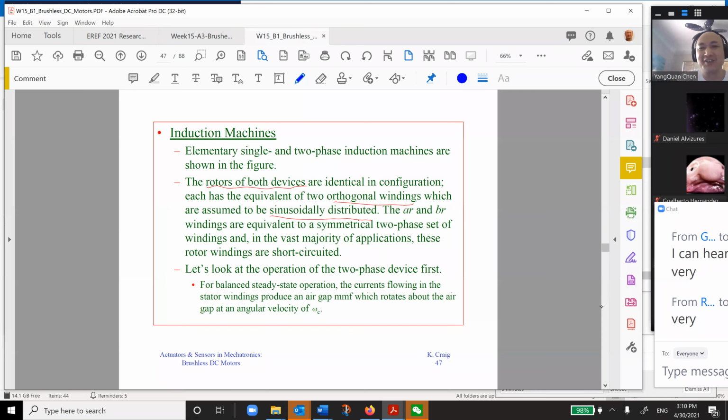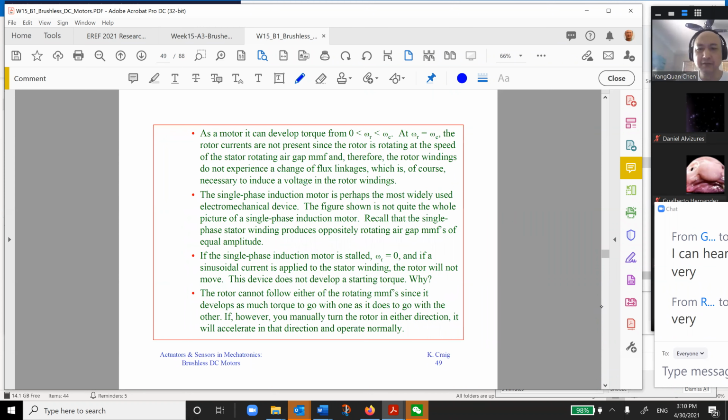There's also something called induction machines. Induction machines, you have two. So the rotors of both devices are identical in configuration, but in the two-phase you have some orthogonal windings, sinusoidally distributed. Let me see.